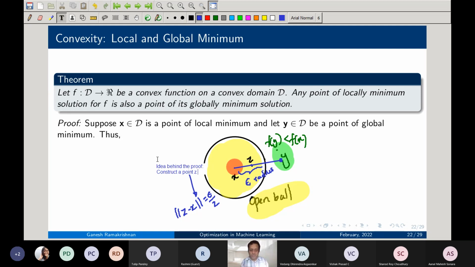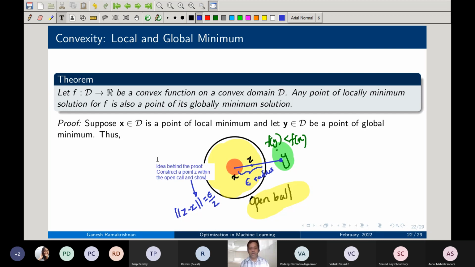You can show it as a proof by contradiction, but I'm making it simple here, right? So you're constructing a point Z within the open ball, the open ball that I've seen here.